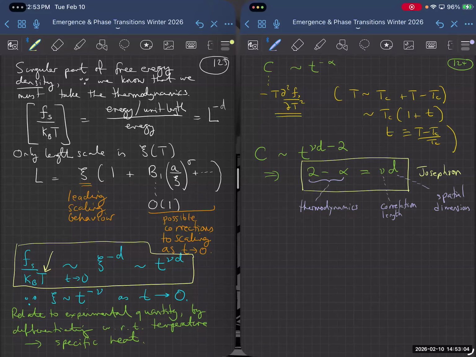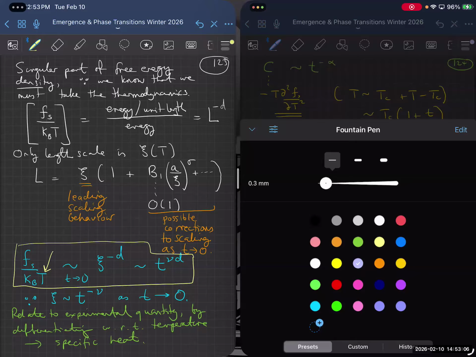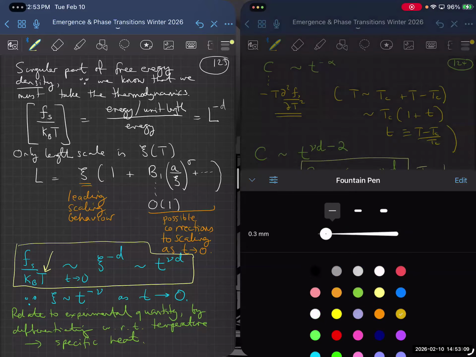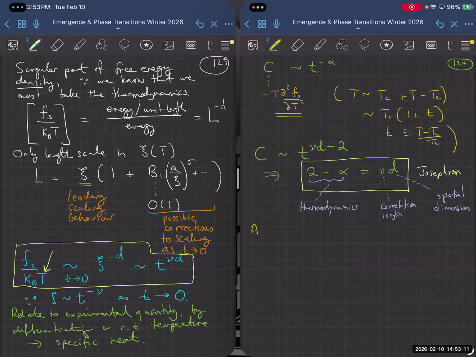I want to show you another scaling law, the last one I want to show you, just for completeness, and that is related to this one. I just want to mention it very quickly. I don't know the name of this scaling law. The scaling law is this. I know from the static susceptibility sum rule that the isothermal susceptibility scales as T to the minus gamma. I know that the correlation length scales as T to the minus nu.